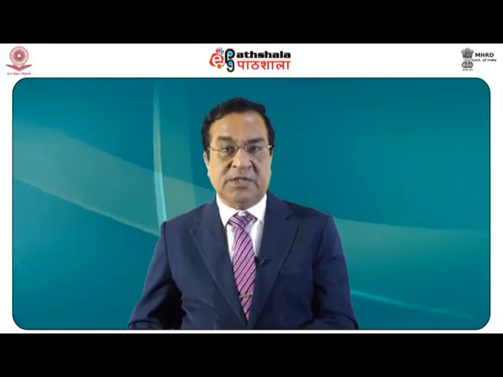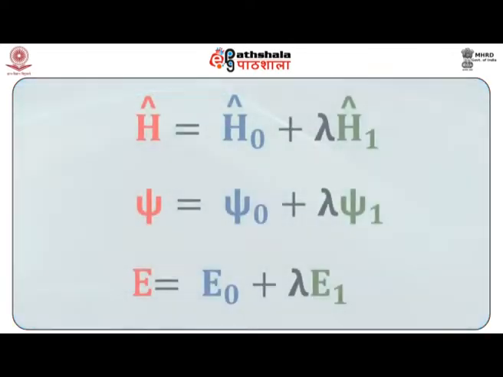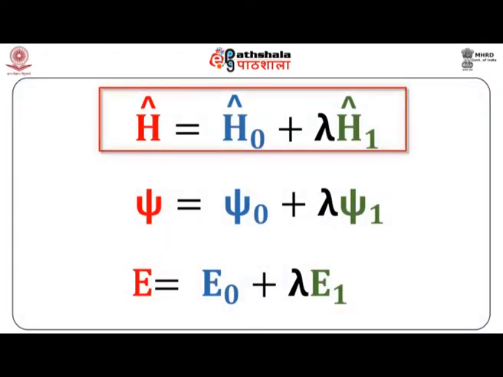So in this first order perturbation theory, the total energy, wave function and Hamiltonian of the perturbed system will be written as H cap is equal to H0 cap plus lambda H1 cap.